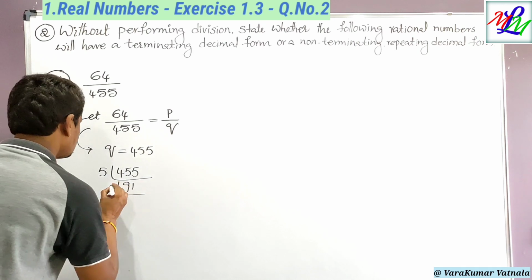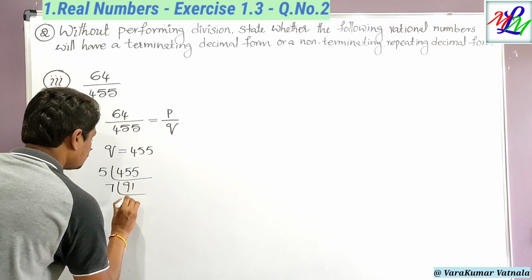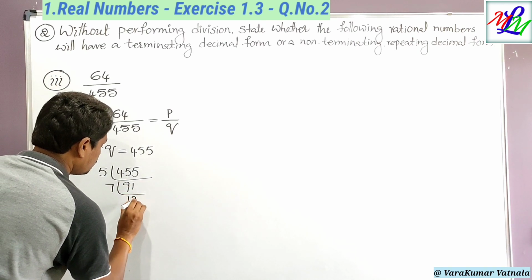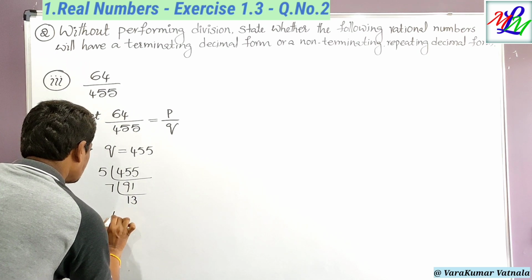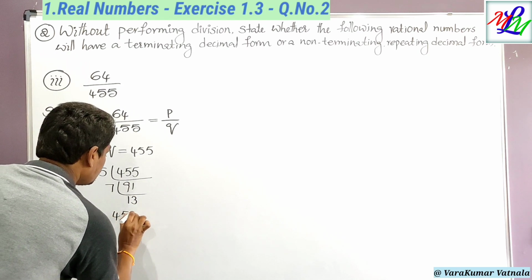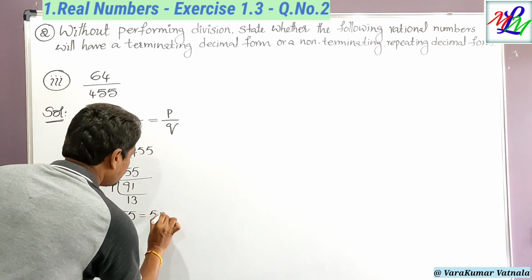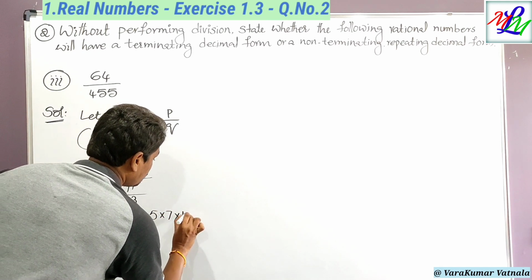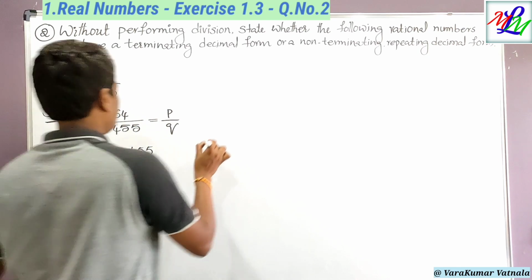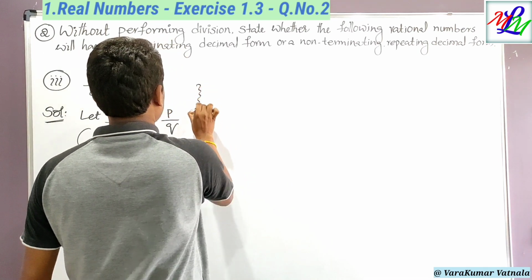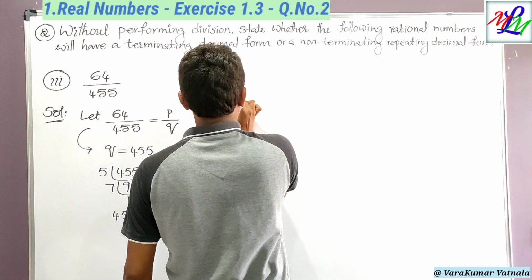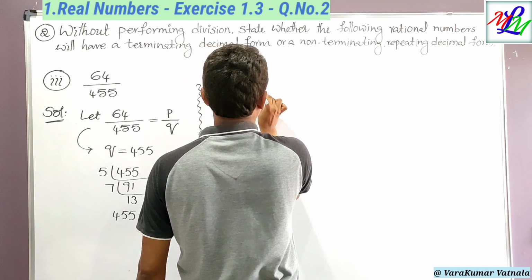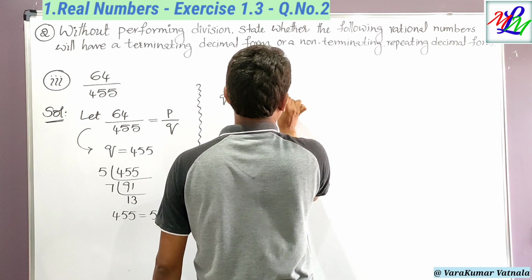So we can write 7 1s are 7, 21, 7 3s are 21. So we can write 455 is equal to 5 into 7 into 13. So therefore we can say that q is equal to 5 into 7 into 13.